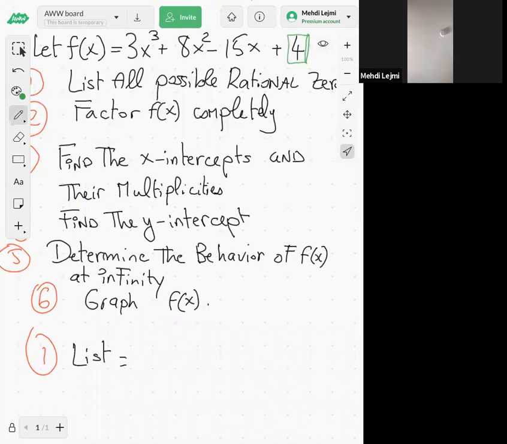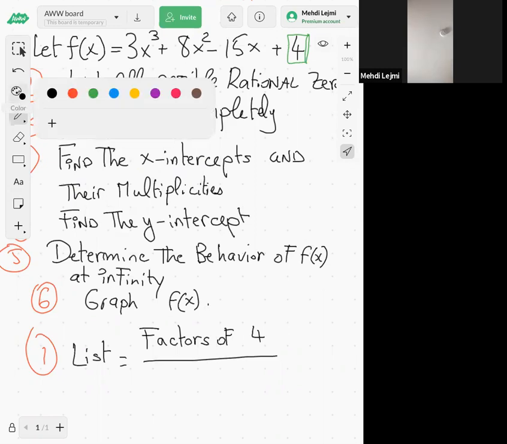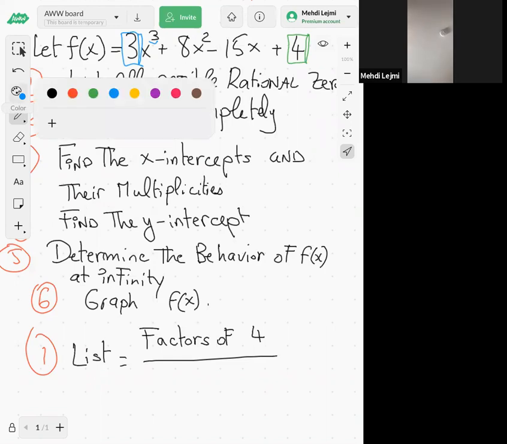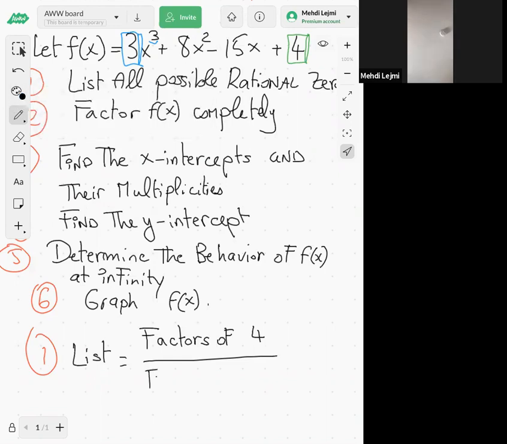That's the number by itself. So the factors of 4 over the factors of the leading coefficient. The leading coefficient is the coefficient in front of the highest power of x. The highest power of x, of course, is 3. So the coefficient in front of x cubed is 3. So the factors of 3.